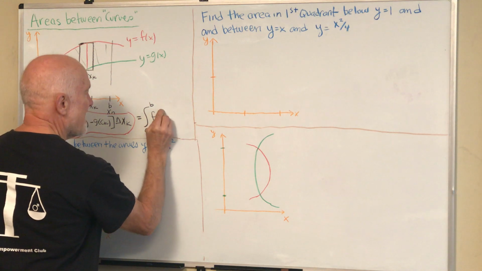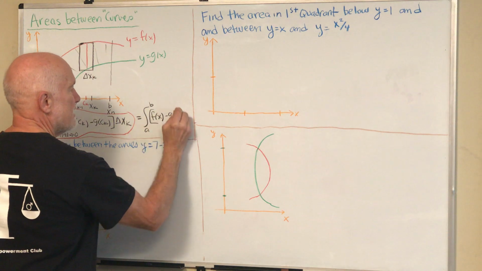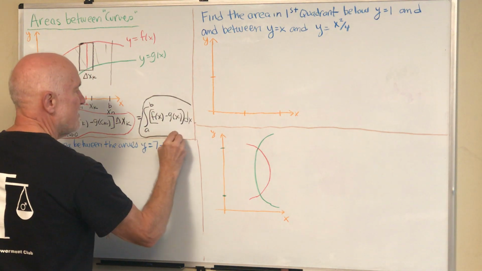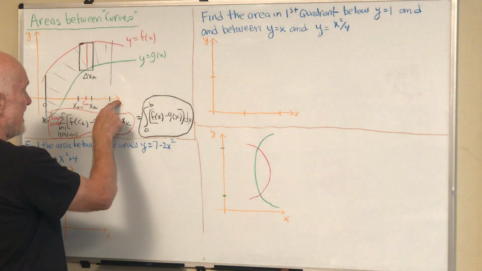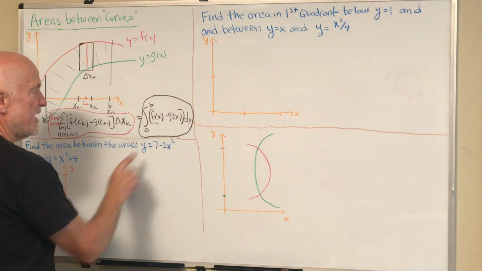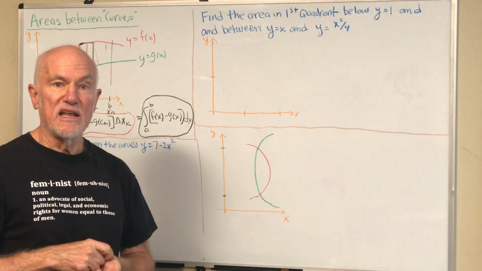Instead of f of x dx, it's going to be f of x minus g of x dx. So that's our formula to find the area between these two curves. And if the x-axis happened to be g of x, we'd have the definite integral that we did before when we were finding area.